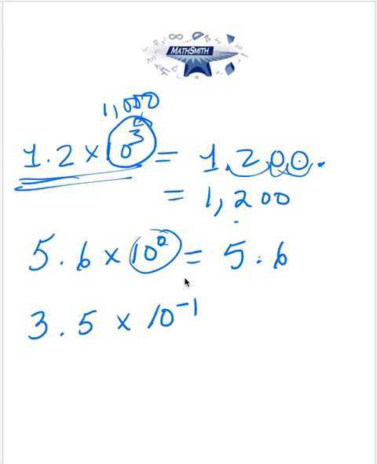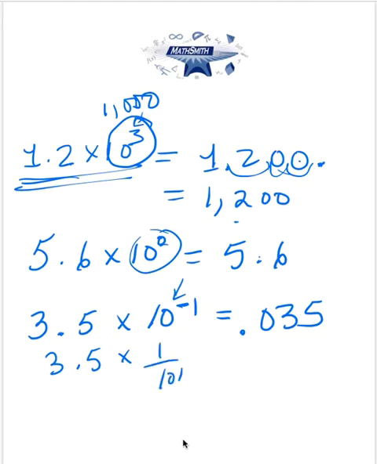Since this has a negative exponent, that means our number is going to get smaller, and so we're going to move the decimal one place to the left. This is really like saying 3.5 times 1 over 10 to the first power, which is 1/10. So this is really like saying 3.5 times 0.1, which gives us 0.35.